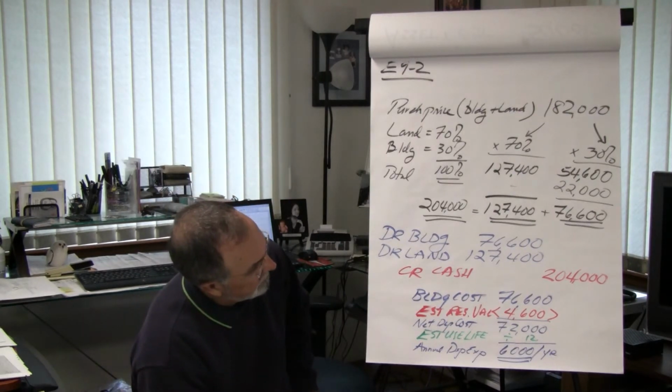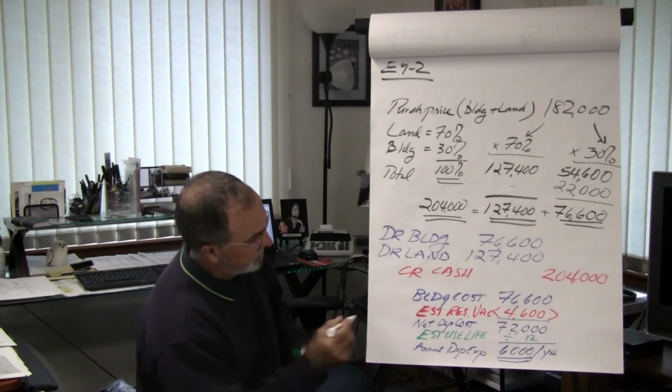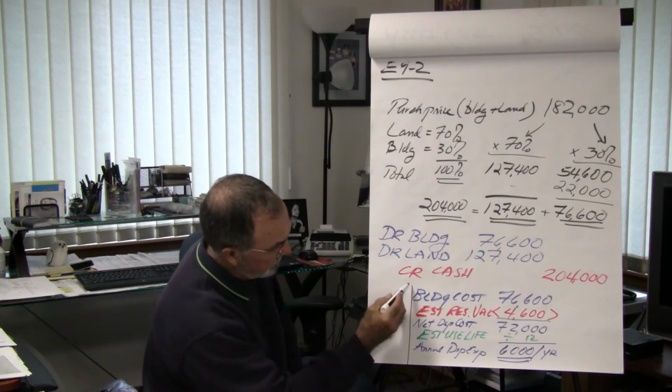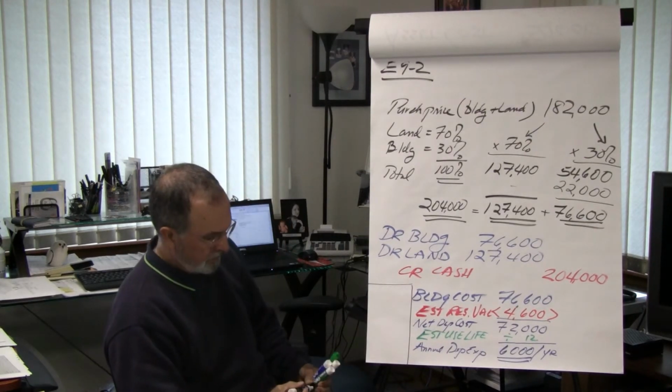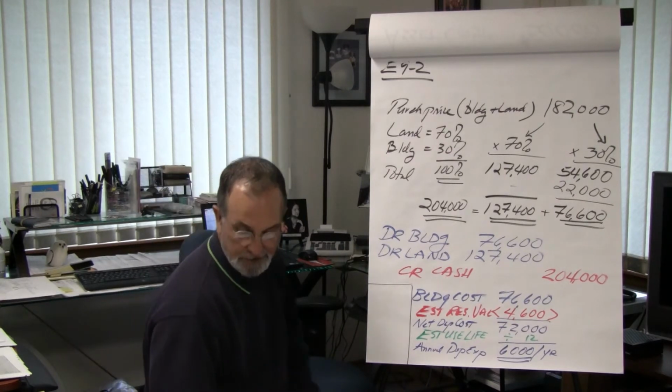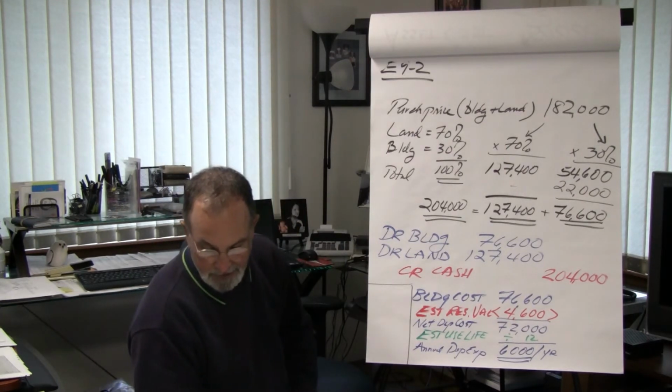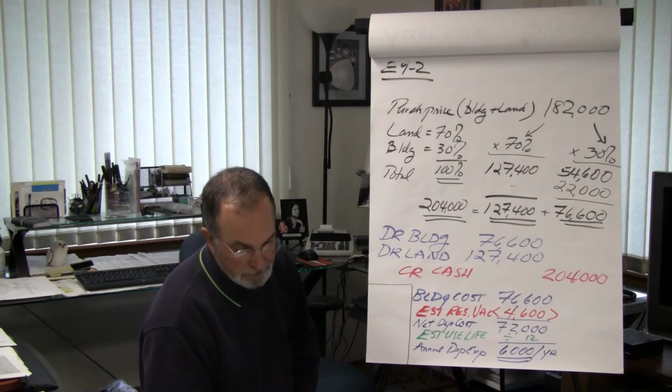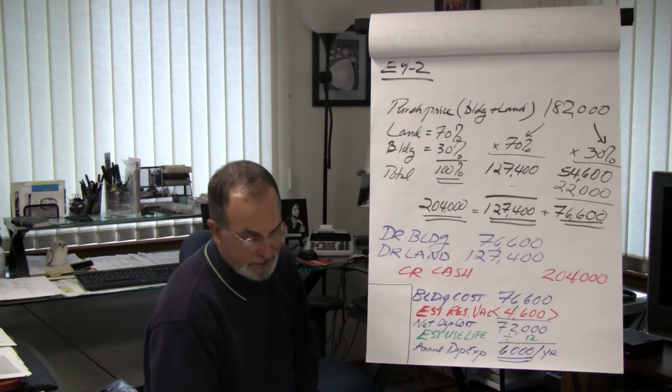Let's see, where can I fit this in? I'm going to fit it in right here in this little space. To get the book value of an asset, and it's actually asking for the book value of the land and the building.